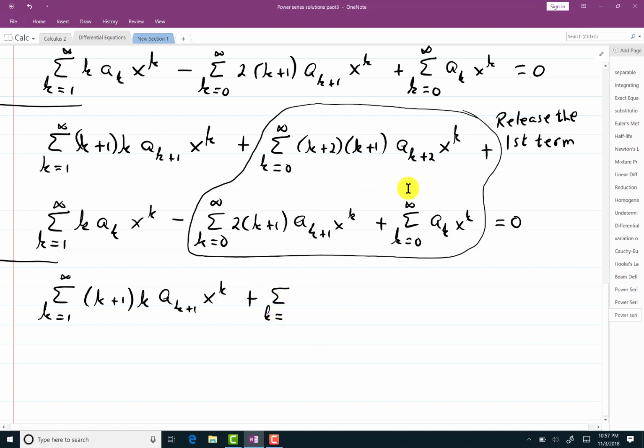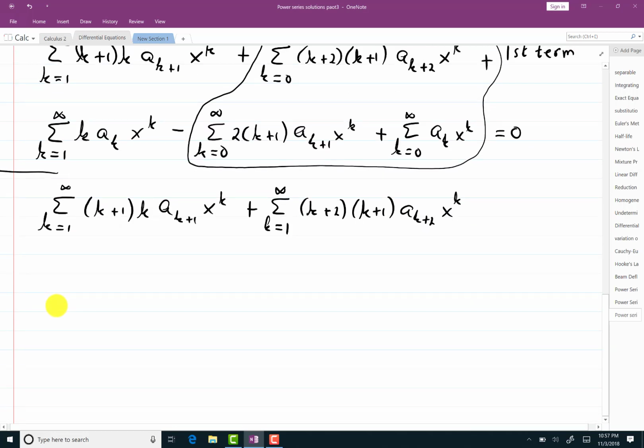I'll put those initial terms at the end of all this. So when I release a term, this will start now at 1. I'm releasing the first term here, so I'm going to start it at 1 now.